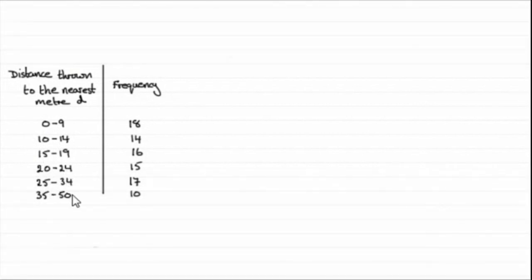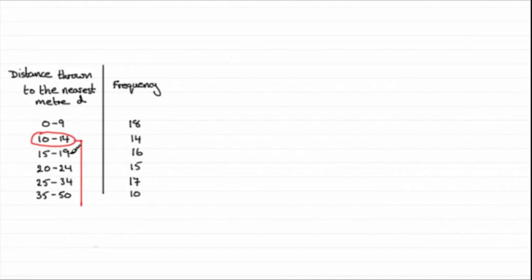We've got what we call here the classes, and it's very important that we understand what the classes represent. For instance, take this class here, 10 to 14. You'll notice that there are gaps, and we're meant to be dealing with continuous data here.